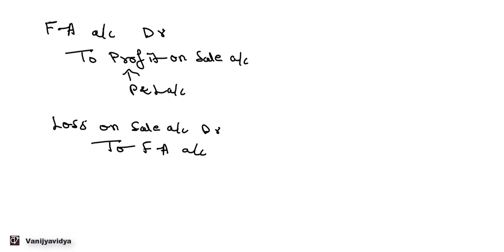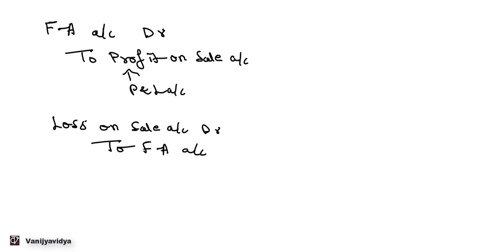Okay, now when you are maintaining a provision for depreciation, you have already taken the cost of the fixed asset and accumulated depreciation from the fixed asset account and accumulated depreciation account to the sale of asset account.